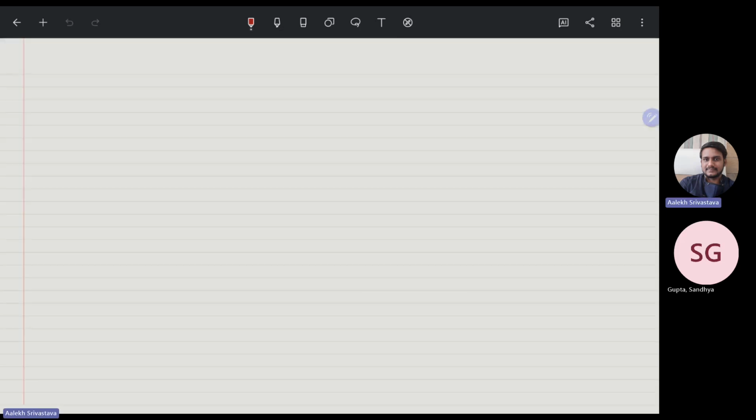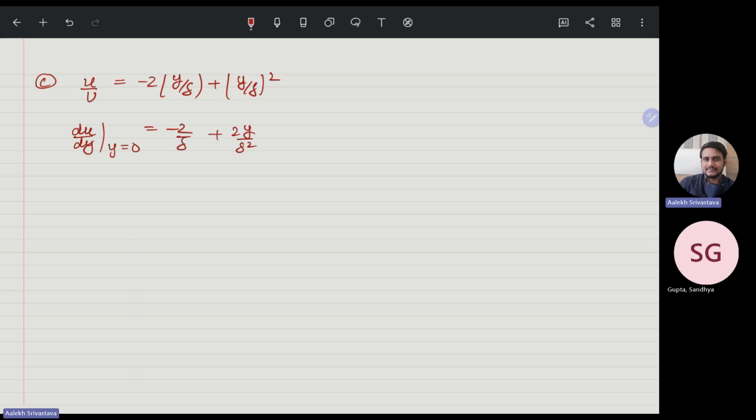Now, the third profile is, suppose, u by u0 is equal to minus 2 y by delta plus y by delta whole square. Du by dy is minus 2 by delta plus 2y by delta square, all multiplied by u0.